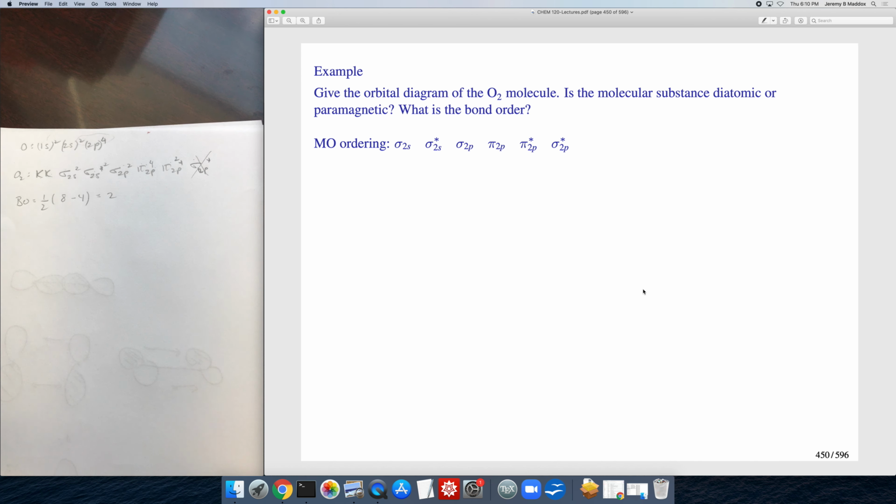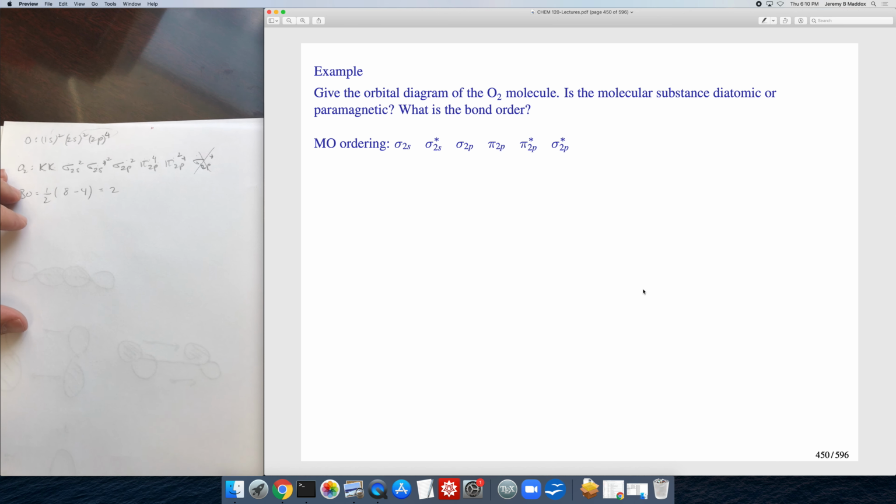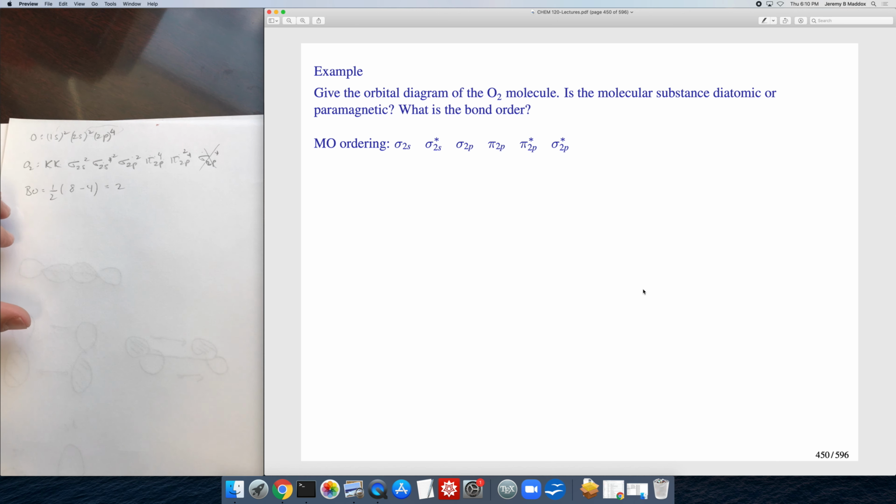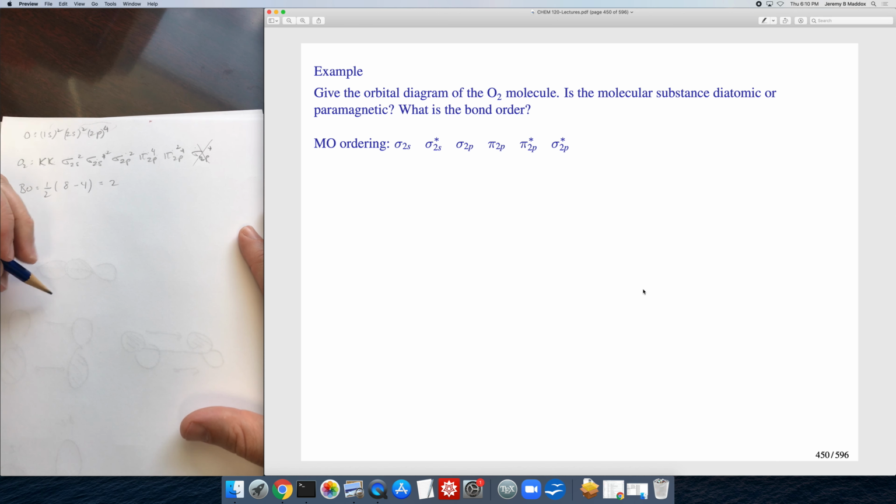What about whether or not the molecule is diamagnetic or paramagnetic? For that, it would be very helpful to have the diagram, so I'm just going to sketch out this electron configuration. That would be the bonding orbital. Here's the antibonding orbital.